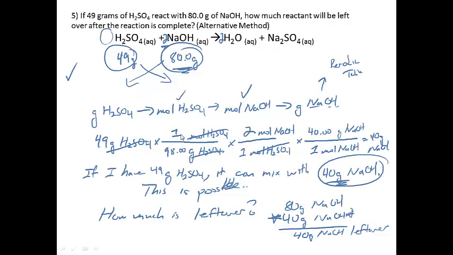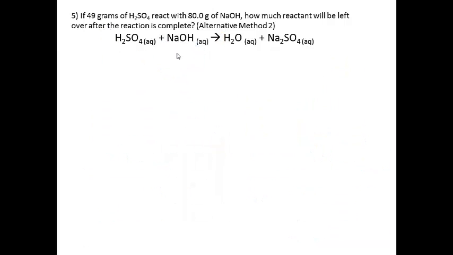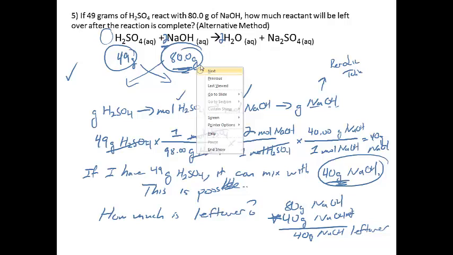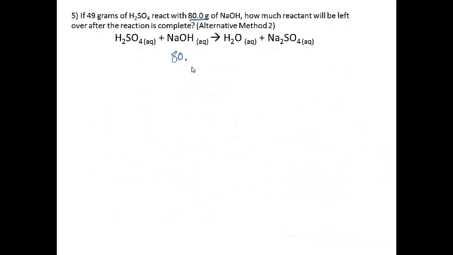Now, I just want to show you one other thing. What if I did the 80, was it 80? I need to go back, it's up there. All right, the 80.0 grams of NaOH, what if I started with that and tried to convert to the H2SO4? What would happen here? So in other words, I'm trying to go this way. I have 80 grams of NaOH.